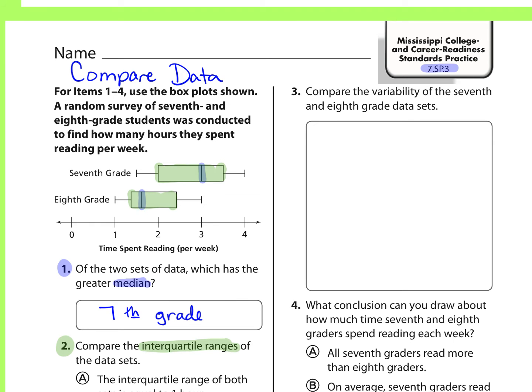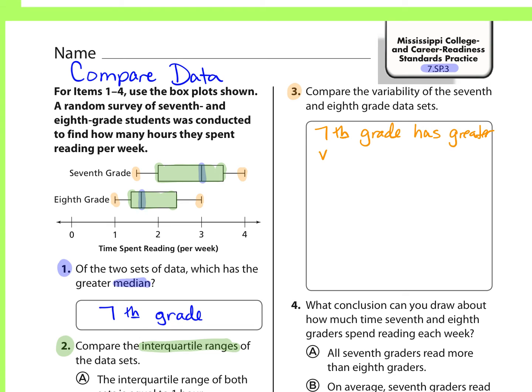Number 3, compare the variability of the 7th and 8th grade data sets. We already saw that in 7th grade it had a greater interquartile range, but look at 7th grade's range. From the smallest to the largest, it's a greater range than 8th grade from the smallest to the largest. So 7th grade has greater variability. It varies more.